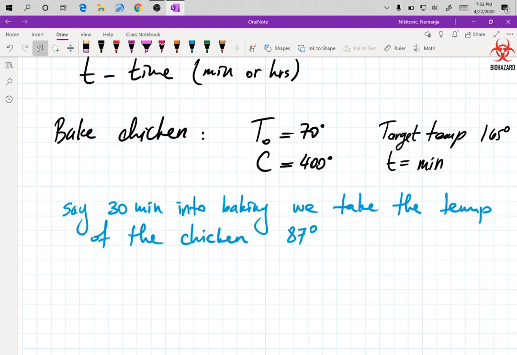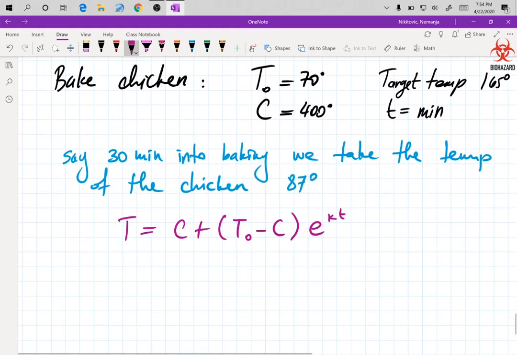Just plug all of this mess in to calculate K, and then redo the calculation to figure out what time you need. So, quickly to plug all of this in, I'll write the formula one more time over here. Temperature is equal to the room temperature plus T0 minus the room temperature times e to the kT.